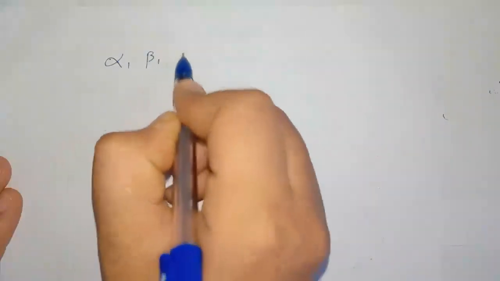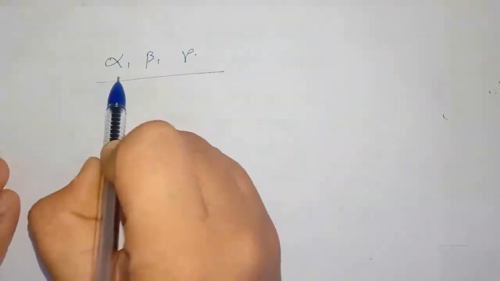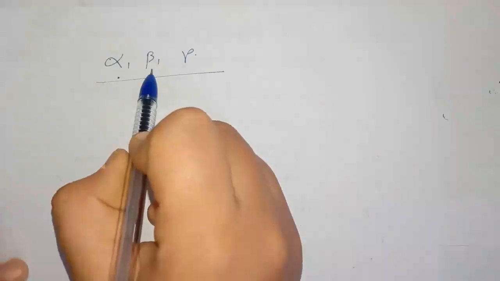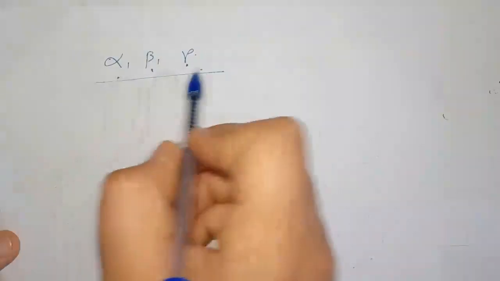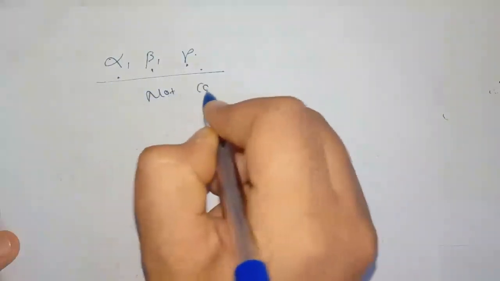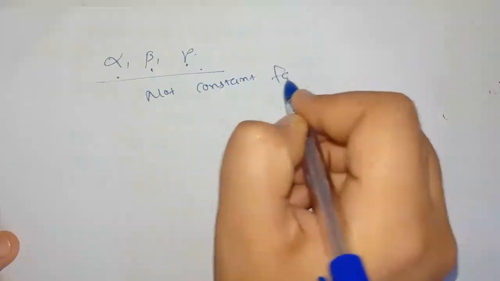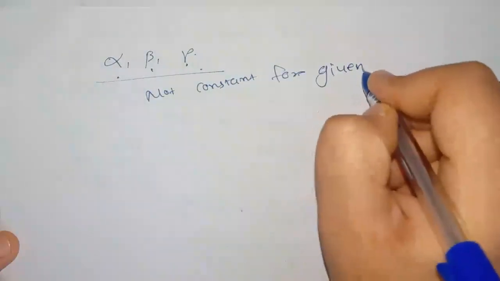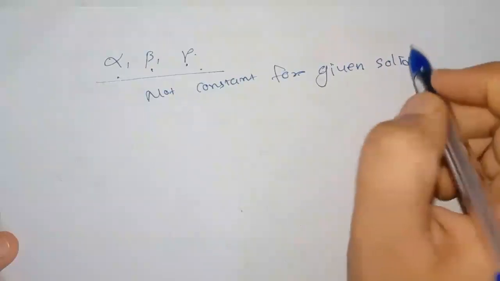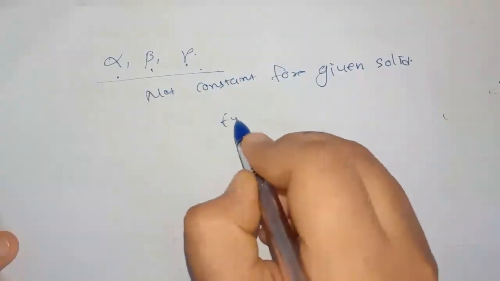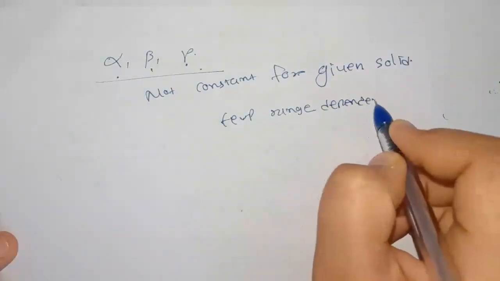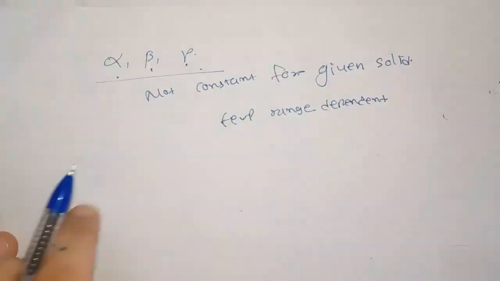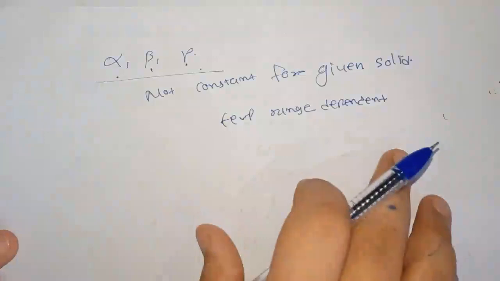Let us understand some important points about alpha, beta and gamma, that are the coefficient of linear expansion, coefficient of superficial expansion and coefficient of volume expansion. These three coefficients are not constant for a given solid. Their values depend on the temperature range. The values of alpha, beta and gamma also depend on the unit of temperature.